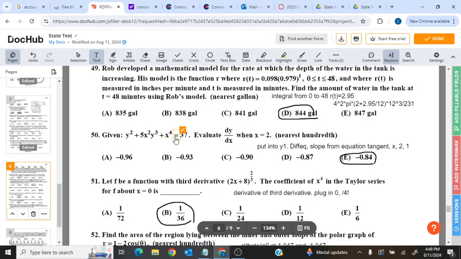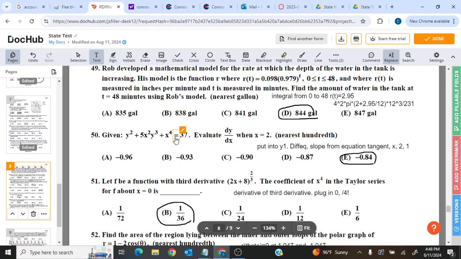Once you have that, you can use your diff-EQ program, and you're wanting the tangent slope from the equation. You know your x, which is 2, and your y guess isn't going to matter, just put in whatever, and you'll get a slope of negative 0.84.